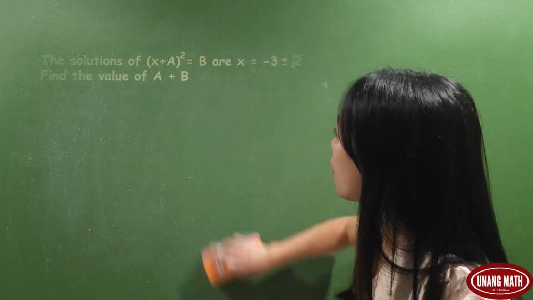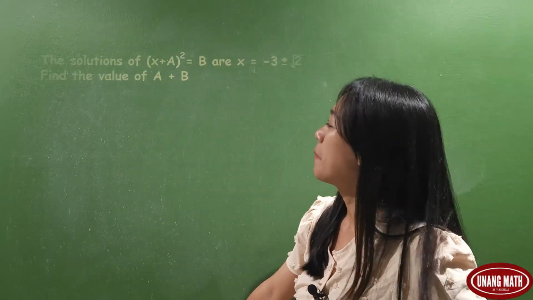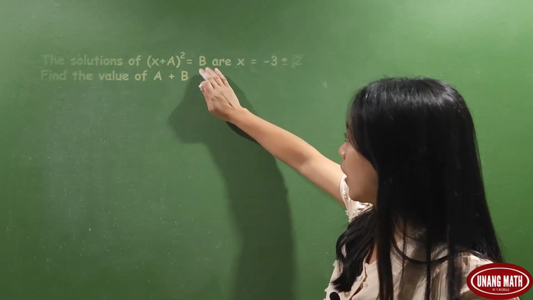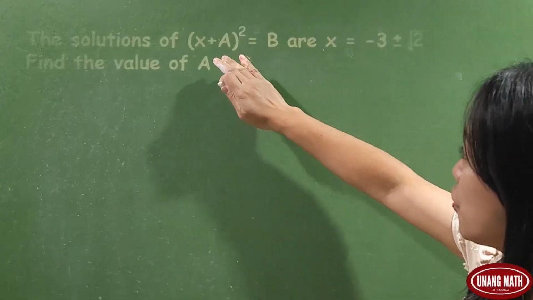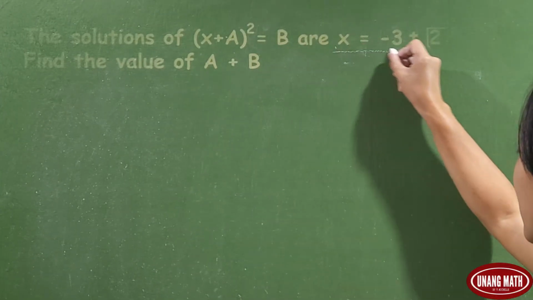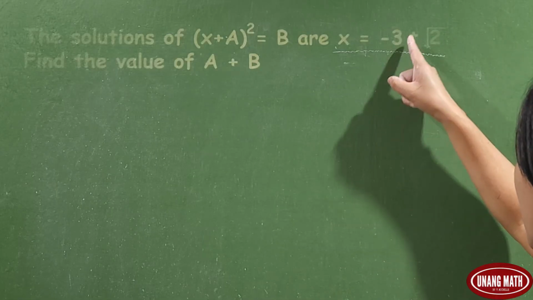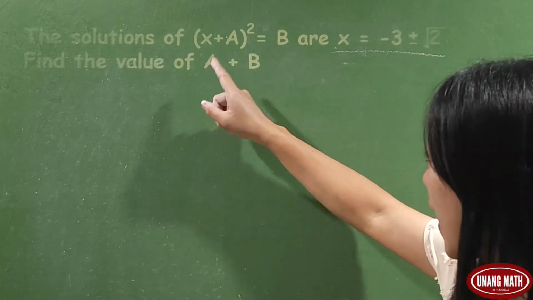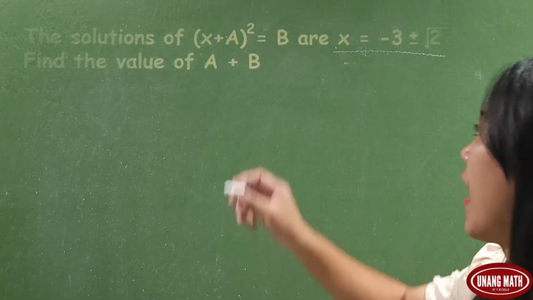Find the solutions of x plus a squared is equal to b. So this is our quadratic equation. The solutions of x plus a squared is equal to b are x is equal to negative 3 plus or minus the square root of 2. Find the value of a plus b.